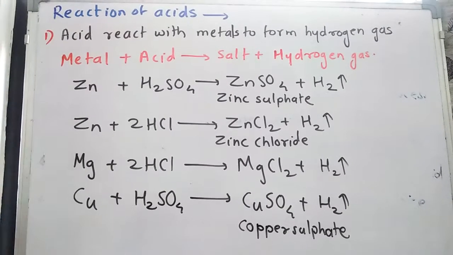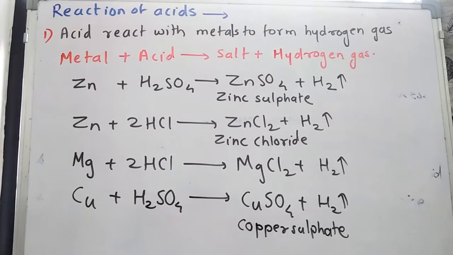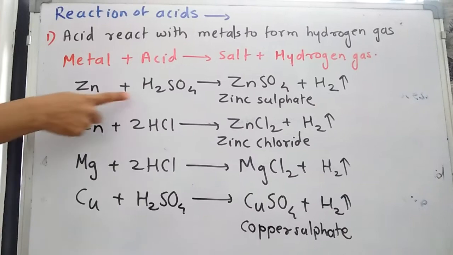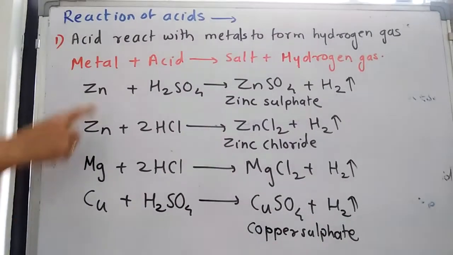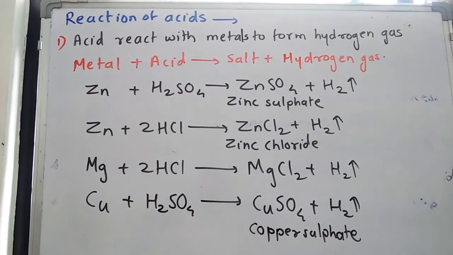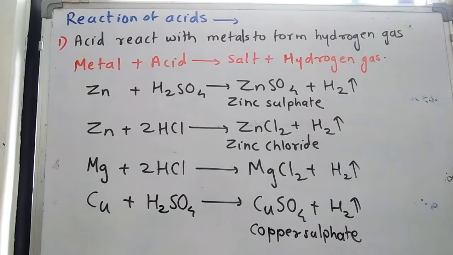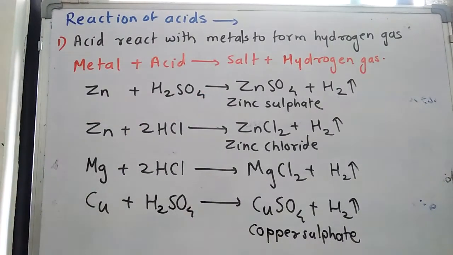Now metals may be of different types, and the acids generally used for reaction are hydrochloric acid and sulfuric acid. Here we have the metal Zn reacting with H2SO4, sulfuric acid. Then this Zn and this SO4 react to form ZnSO4, zinc sulfate, and hydrogen gas is liberated. For the gaseous state we give the arrow, so for hydrogen we have given an arrow.